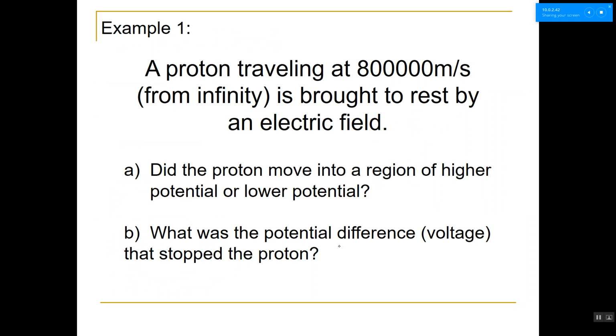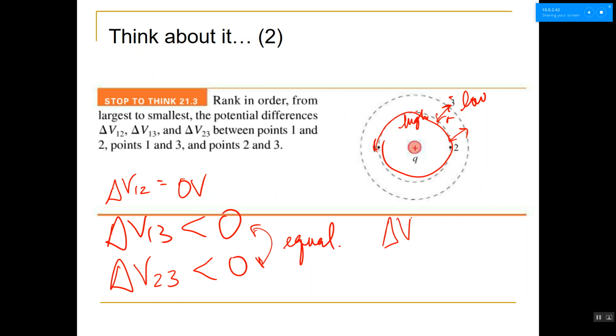And if we had to order them, then it would be delta V1,3 is equal to delta V2,3, which is less than delta V1,2. Okay?